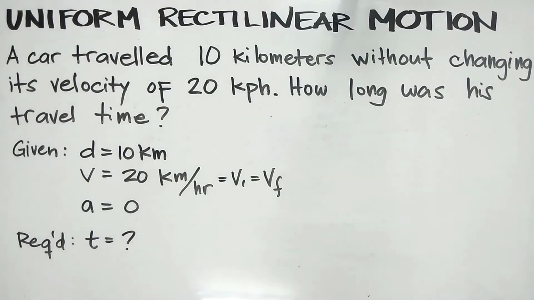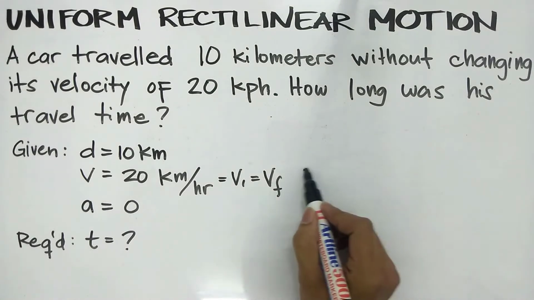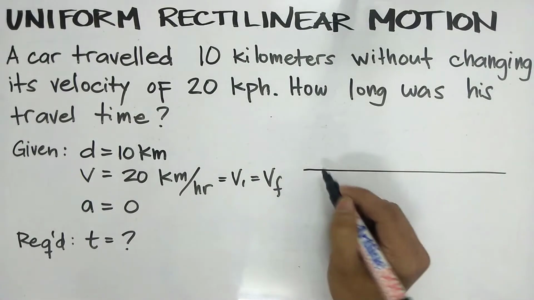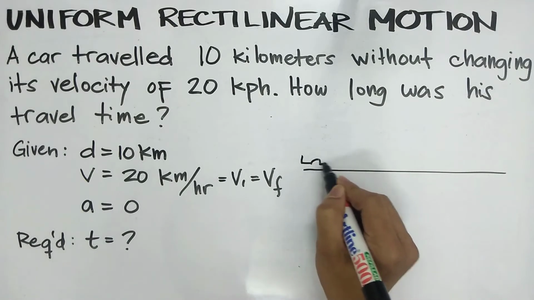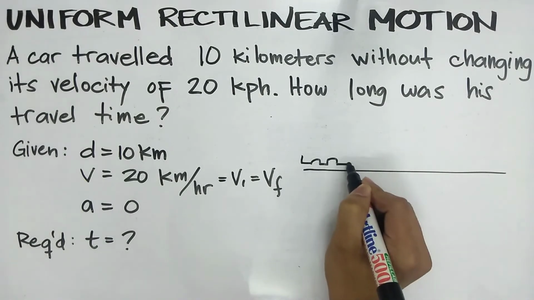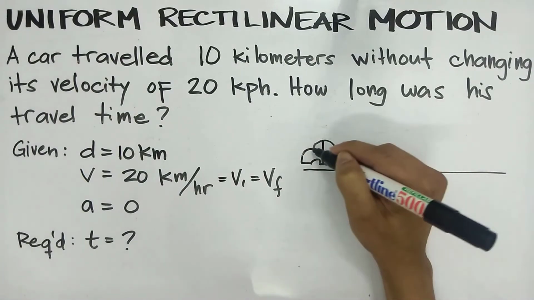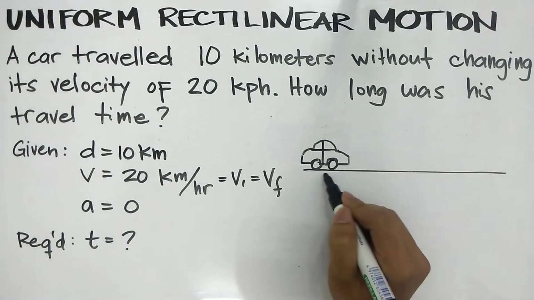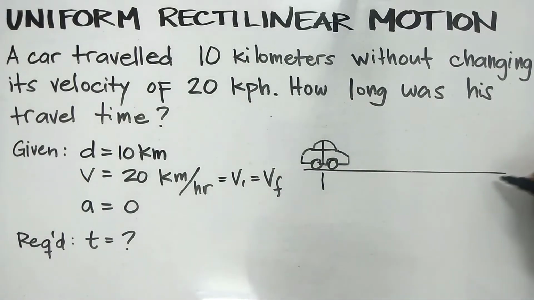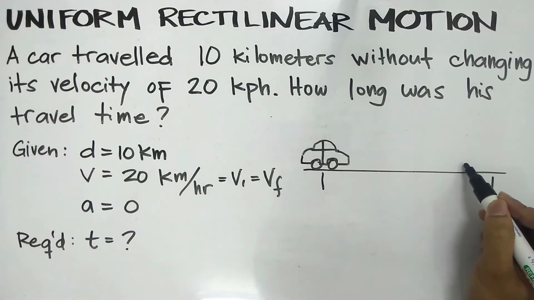We are looking for the time. Let's try to draw it for visualization. So we have the car starting point, and this is the final point or final position of the car.